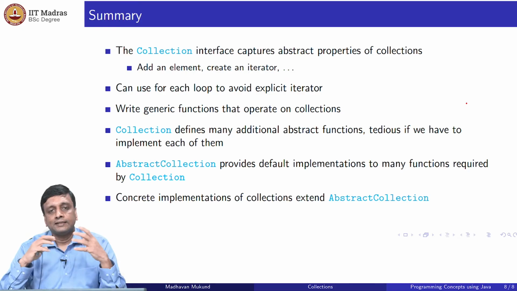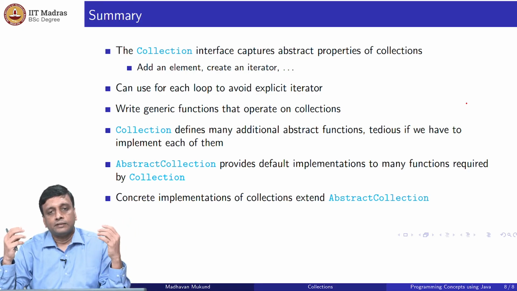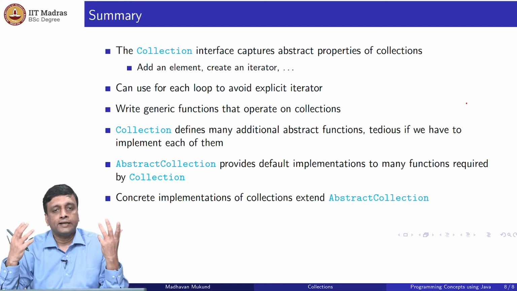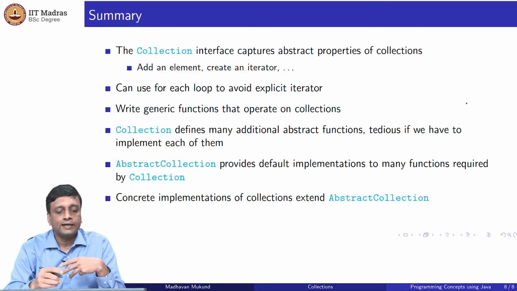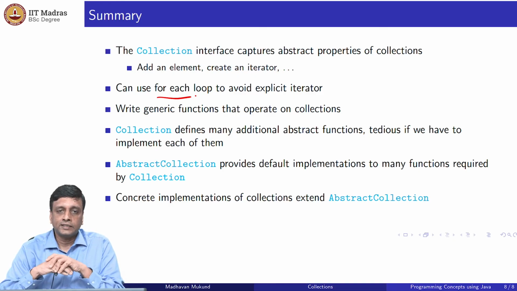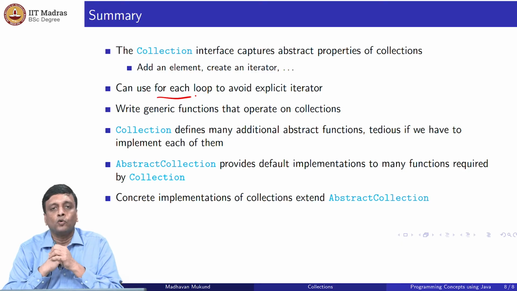Anything which is a list or an array or something is called a collection, and this guarantees that you have functions to add an element, to create an iterator and so on. Using the iterator we can cycle through all the elements, and later on Java used the for each loop as a simplification of this iterator business. So you can write what is now familiar to us as a Python style for loop to run through the elements in a collection.